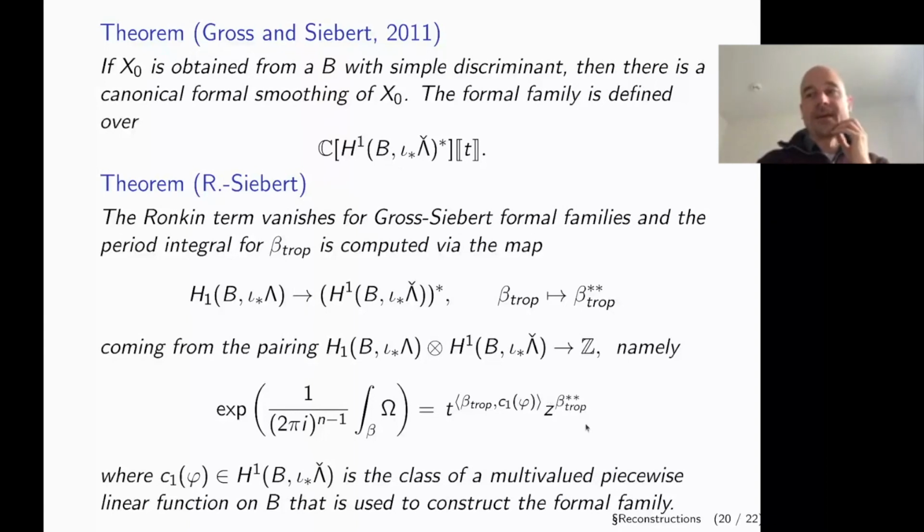And then there's a second factor, which corresponds to what was a gluing term in the sum of the integral. And it's just the monomial given by this tropical cycle. Right? So it's a very canonical thing. So you map the tropical cycle over in this dual, which is then the monomial in the base ring that the family is constructed over. So this period integral is a supernatural expression. It is a monomial expression.